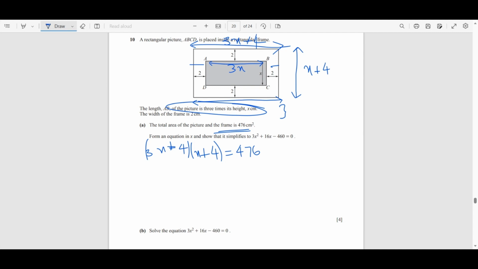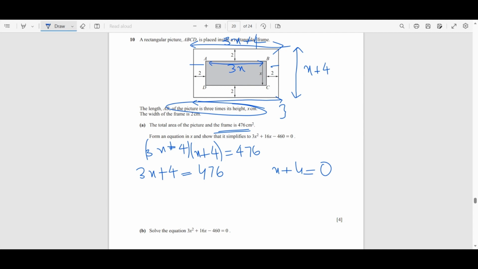Some of you might think of doing it like this, using this for multiplication. If it was a 0 here instead of 476, most people would do it like this. But having a 0 is a different case from having a number other than 0.